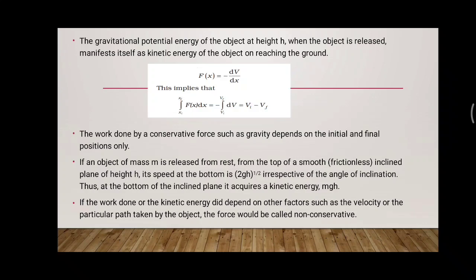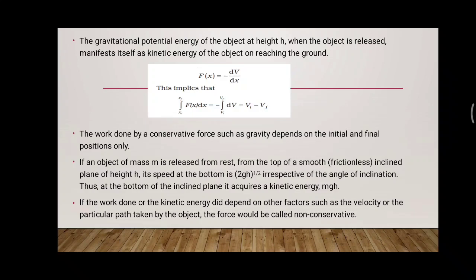So the integration of the gravitational force, if you know the value of gravitational force, the direction will be... That means the Vi minus Vf is actually the initial and the final potential energy values.